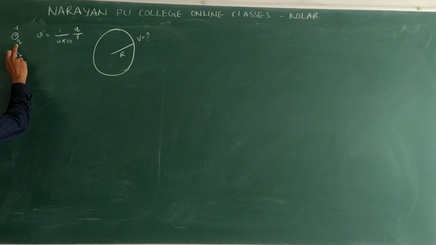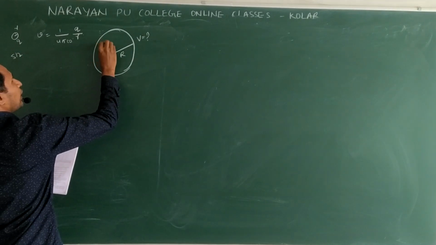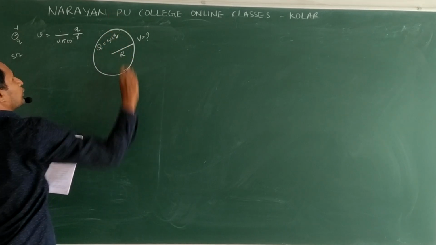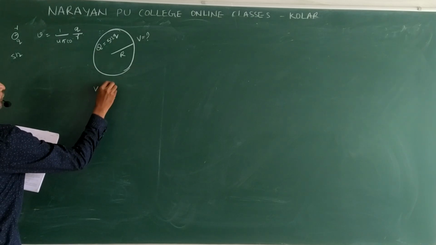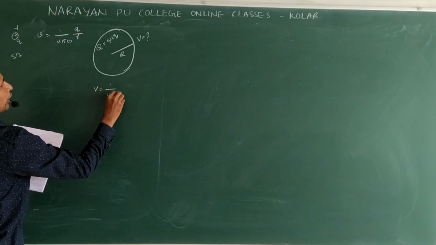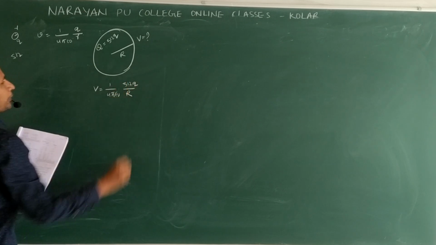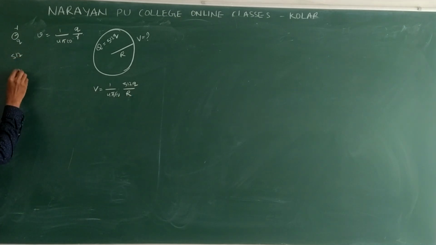So how many droplets are there? 512. Each charge is q. Then charge is additive. The total charge on this sphere, if you take capital Q, is 512 q. Clear? Now this potential we can write as 1 by 4 pi epsilon naught, 512 small q by capital R. Now we need to find capital R. So here is a very simple concept.